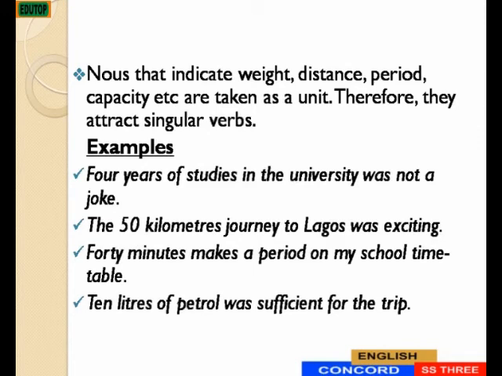Examples: 4 years of studies in the university was not a joke. 4 years is referred to in this context as a singular noun. So we have a singular verb used with the subject, which is 4 years of studies in the university. We have "was" as a verb. The 50 kilometers journey to Lagos was exciting.